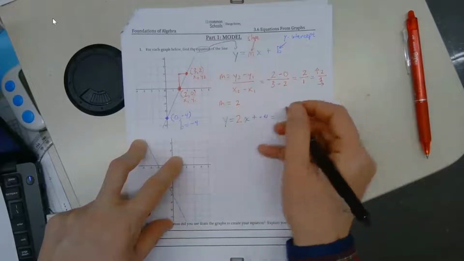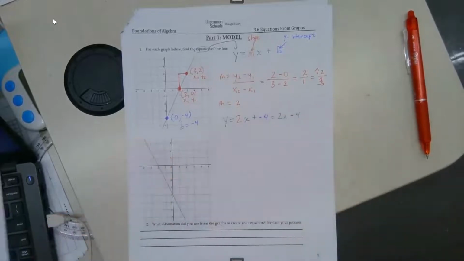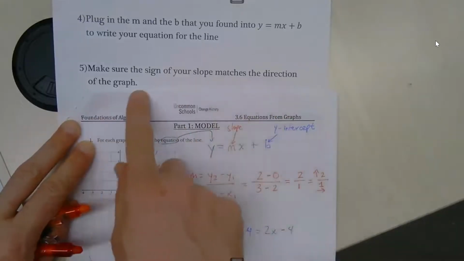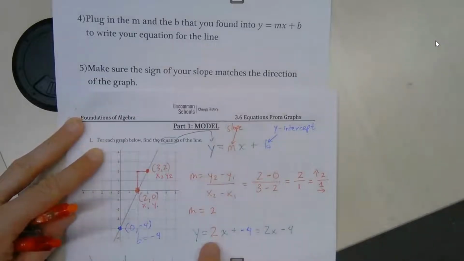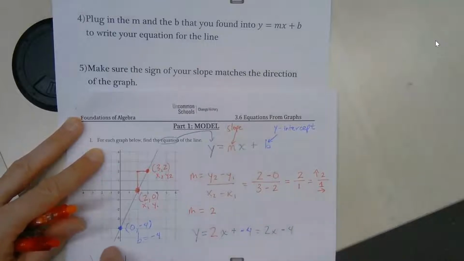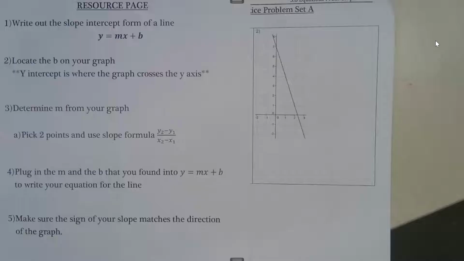So y equals 2x minus 4. In step 5, it says make sure the sign of your slope matches the direction of your graph. So my slope is +2, meaning up 2 as you go right 1. And that matches a positive sloping line, a line that increases.